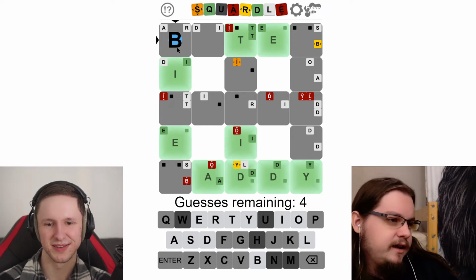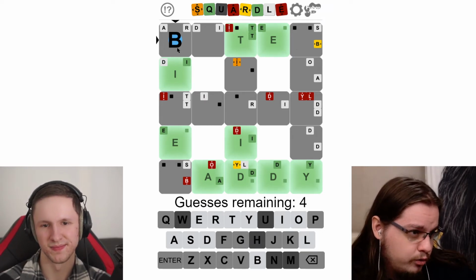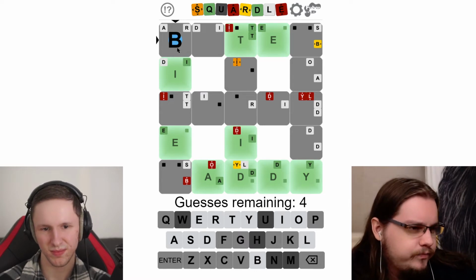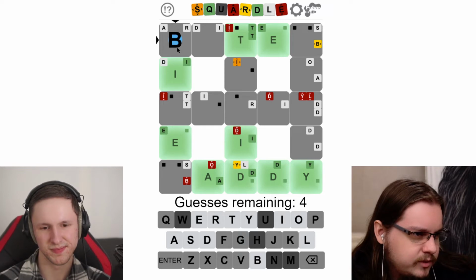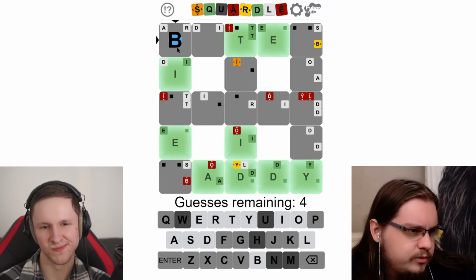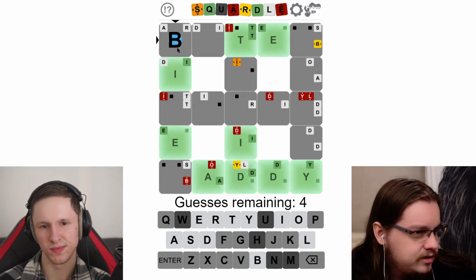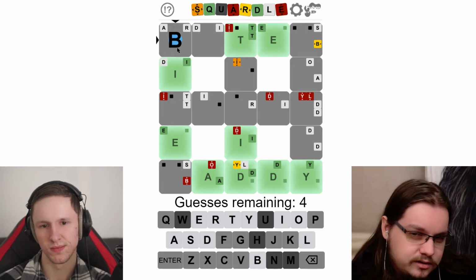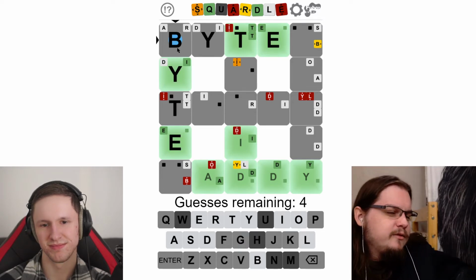So it can't be an A, it can't be an I, at least in the row. Obviously it is an I in the column. So it'd have to be an E or an O, because we have no U's, and Y seems like a stretch. Wait. Why does that sound familiar?